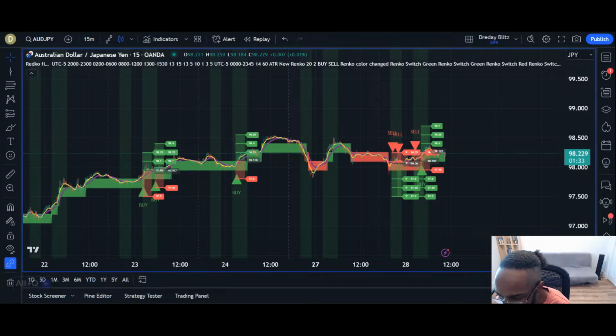More or less. Yeah, Australian dollar and Japanese yen. Like the actual country, is it located in the same time zone?